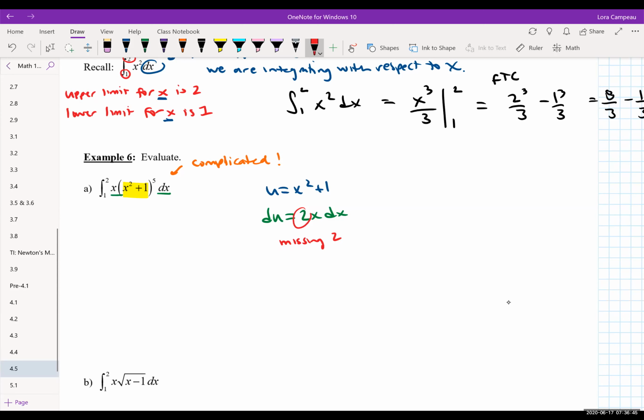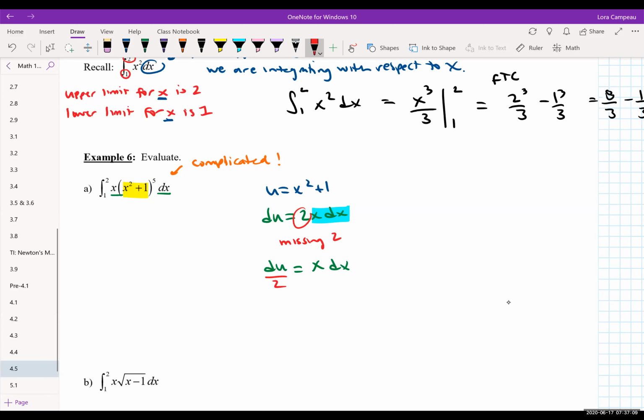Whatever you prefer. I'll switch it up. I can solve for x dx: x times dx equals, dividing by 2 on both sides, du over 2. I switched it up on you, but it's the same thing.